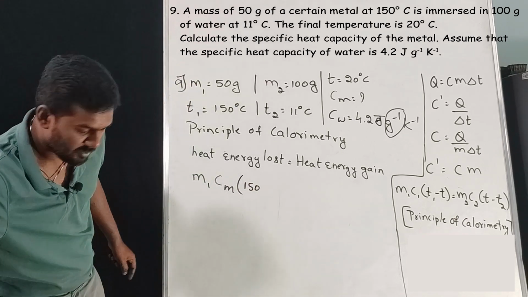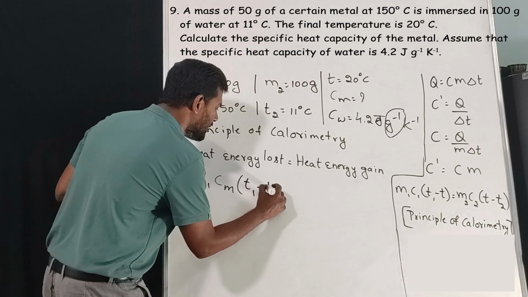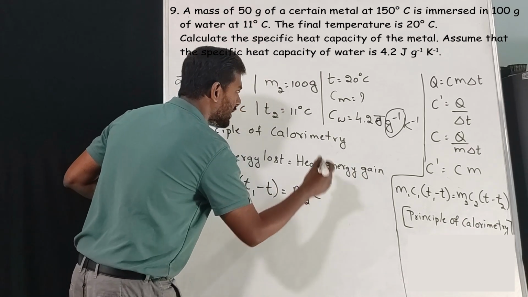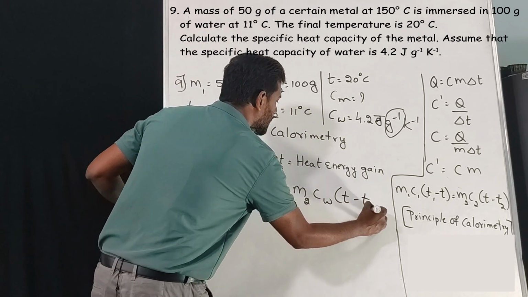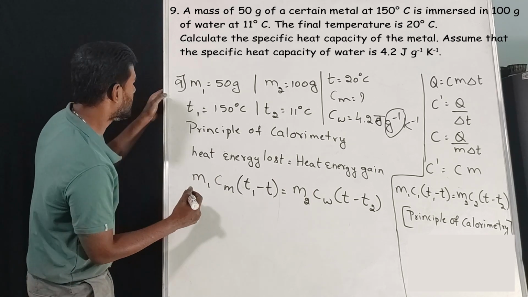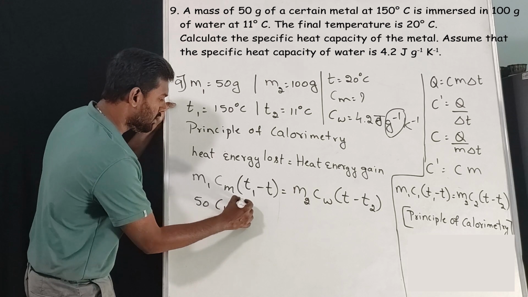Sorry, we have to write the formula first. M1 C1 (T1 minus T) is equal to M2 C2, where C2 is the specific heat capacity of water, into (T minus T2). Now we substitute and get the answer. M1 is 50. Cm we don't know.